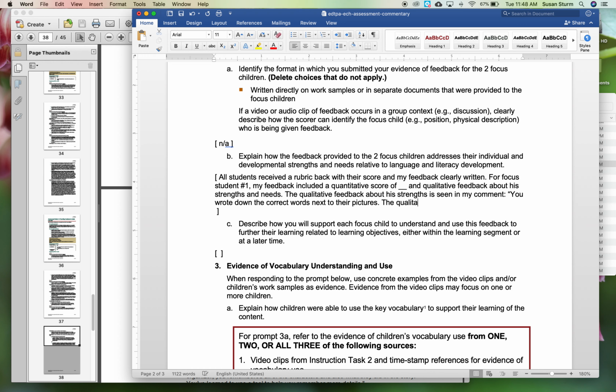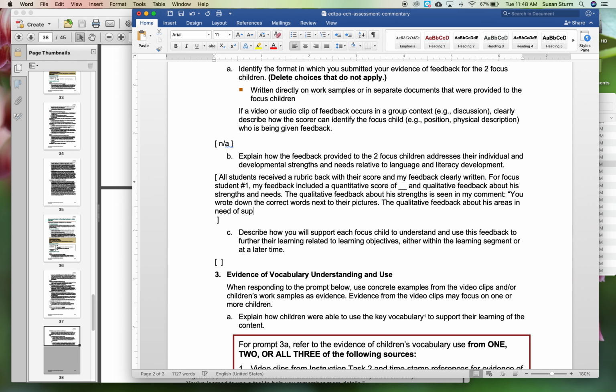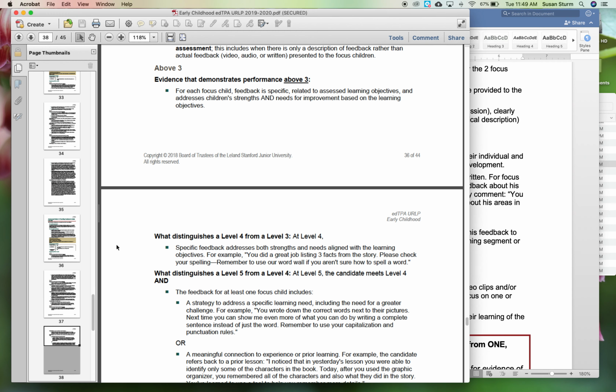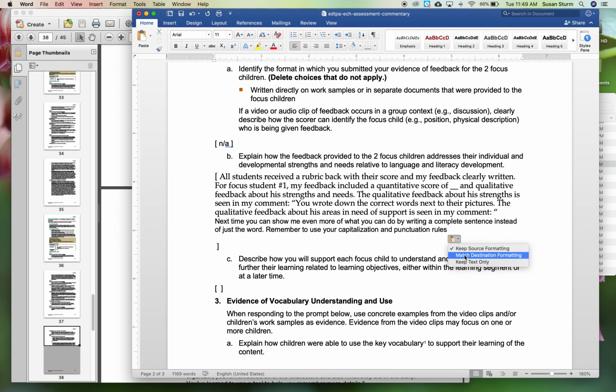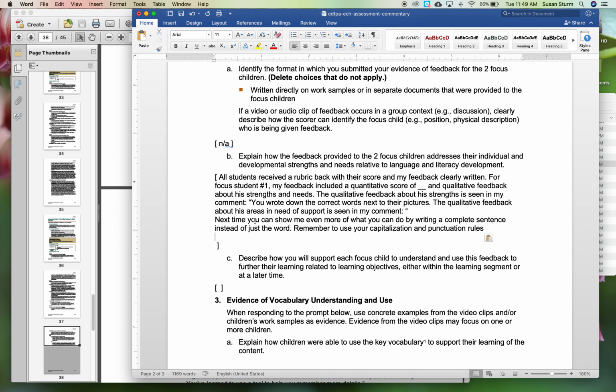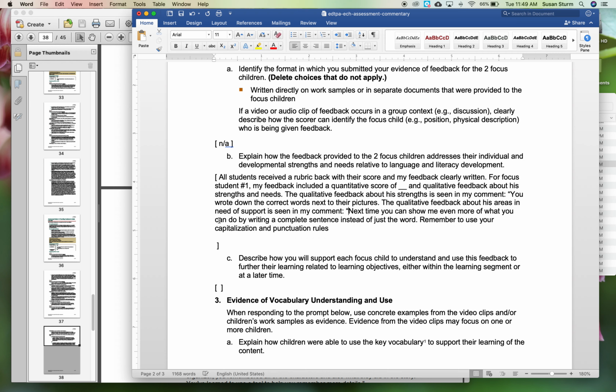The qualitative feedback about his areas in need of support is seen in my comment, and then this is where you put that next time you can show me.